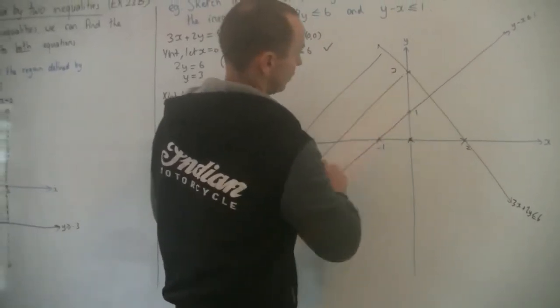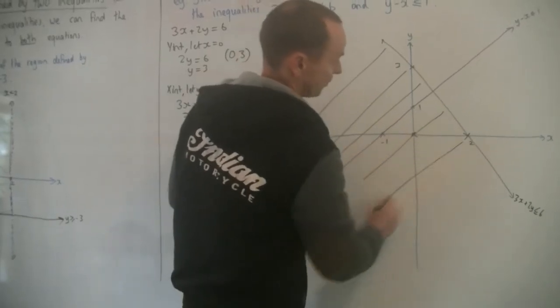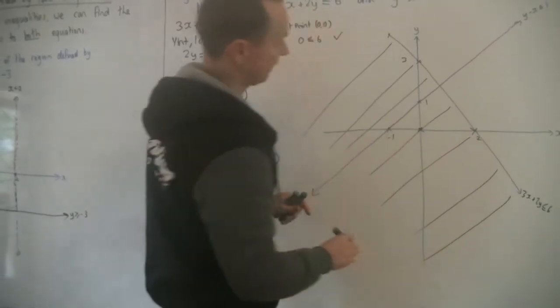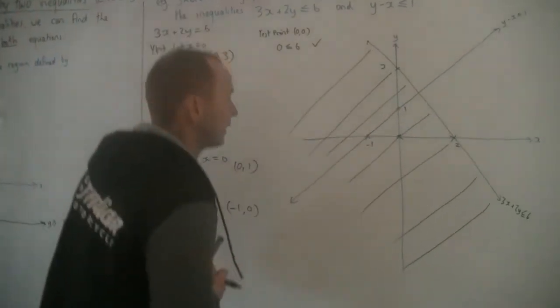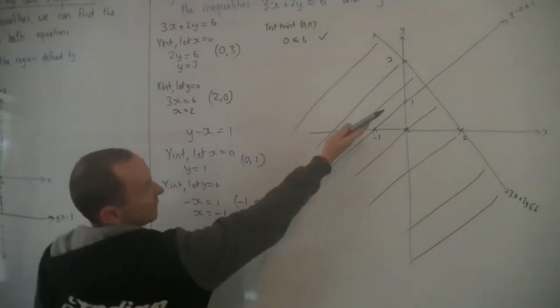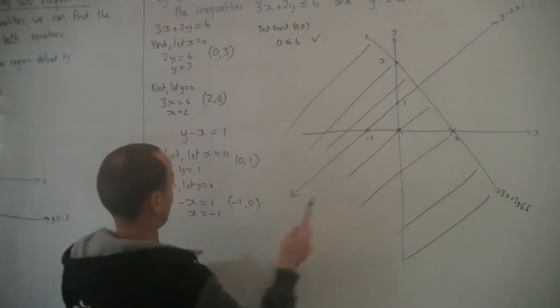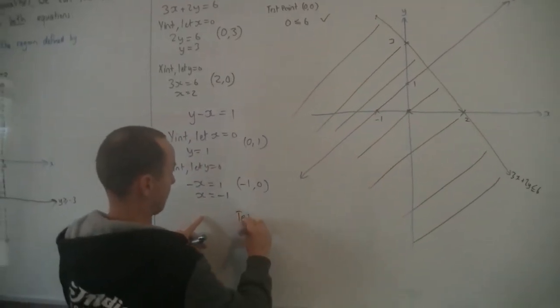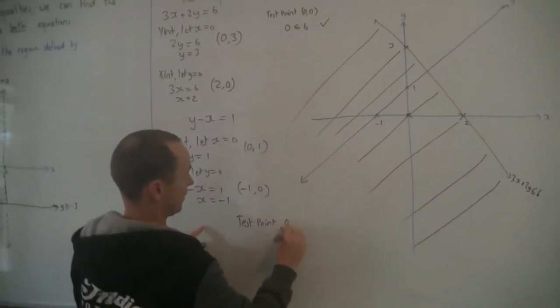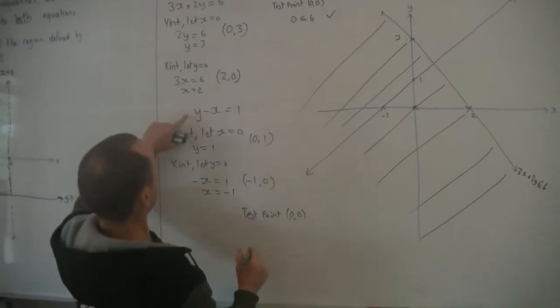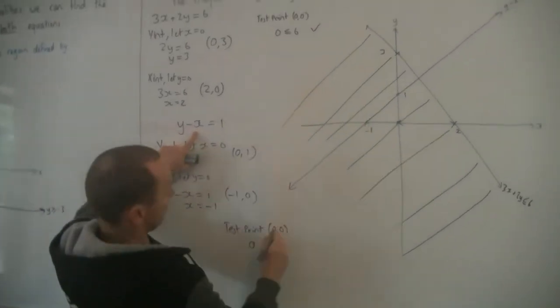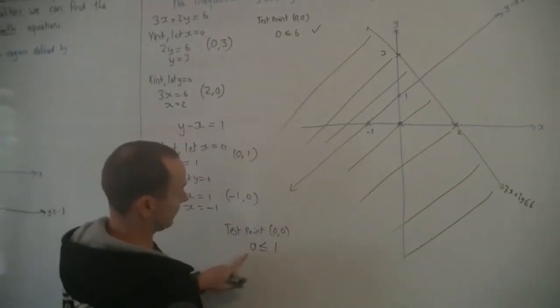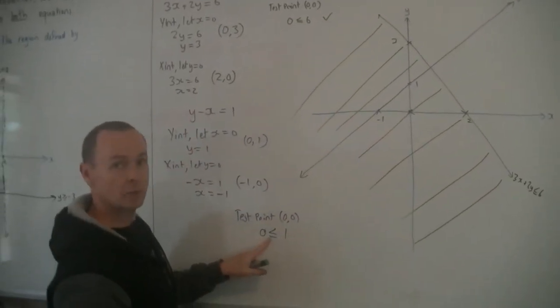So for the region required, I'm going to shade in this way. Okay, now we have to do the purple one. See how it gets a little bit complicated. So now for the purple one, we want to know, is it above or below that equation? So we do a test point, (0, 0) again. 0 minus 0 is 0, and is it less than or equal to 1?